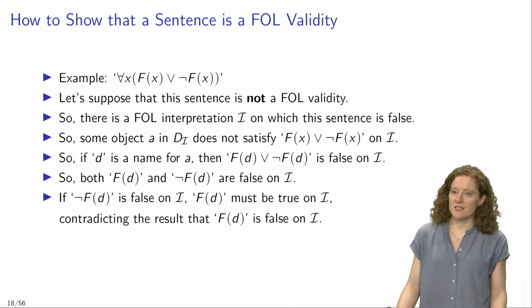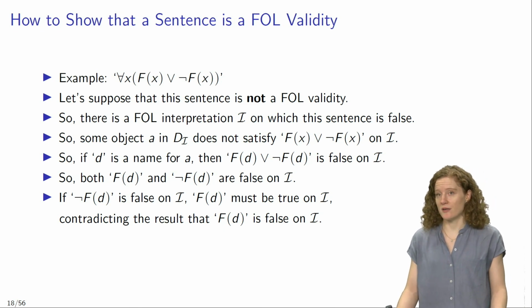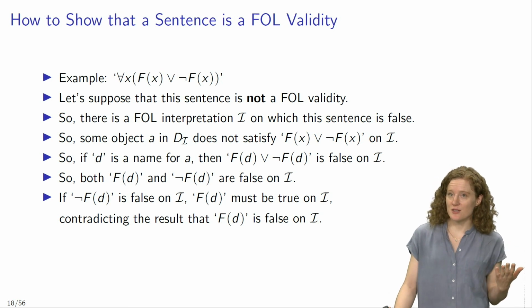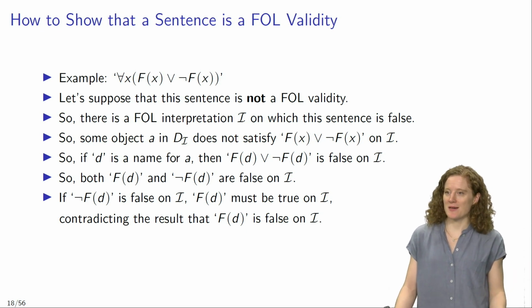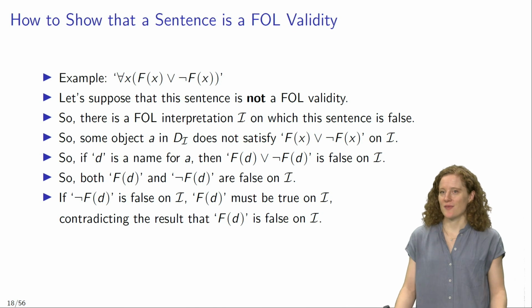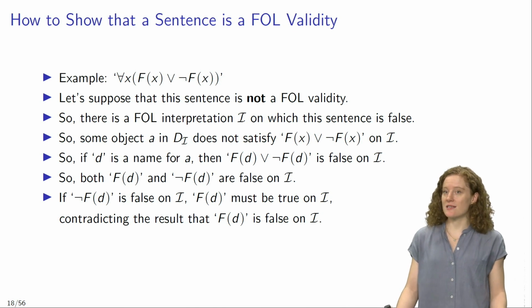The contradiction is that Fd both is and is not true on I. And so we have derived a contradiction from the assumption that our given sentence is not a FOL validity. And since we were able to derive this contradiction, we can conclude that this sentence is in fact an FOL validity.